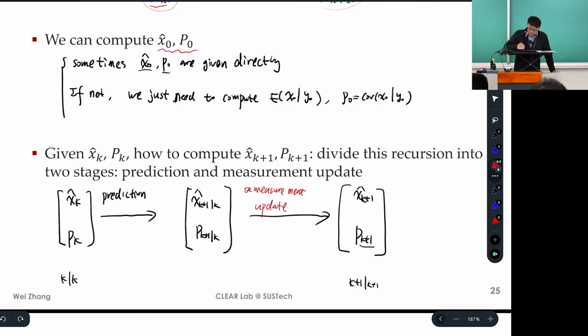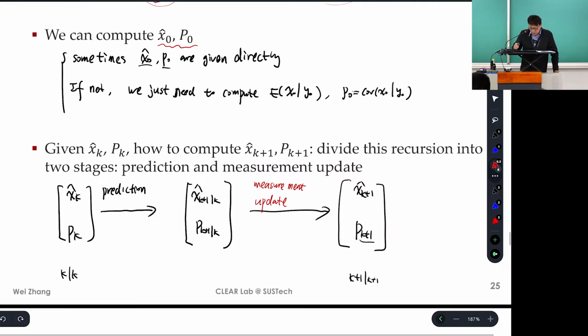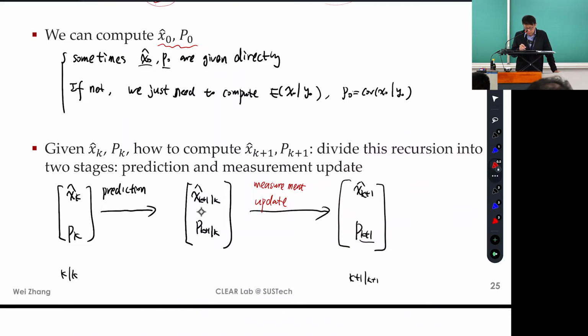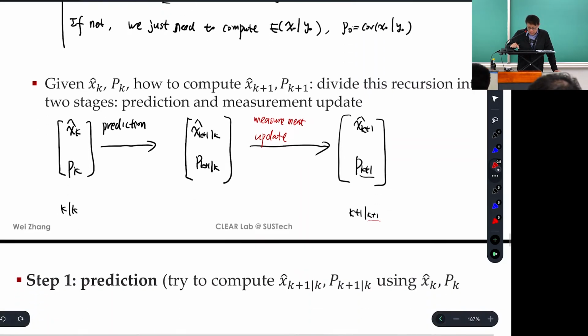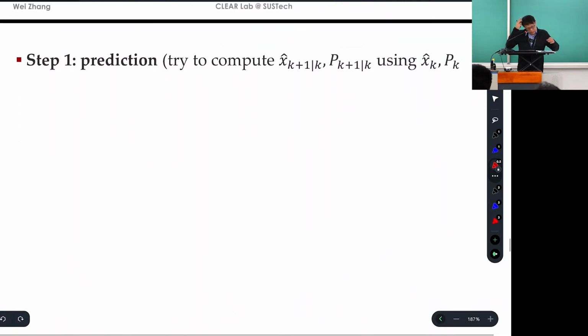Now I need to go to measurements up to k plus 1. The only difference is I have a new measurement, so I need to change my estimate. Now let's first see the simple step, prediction.